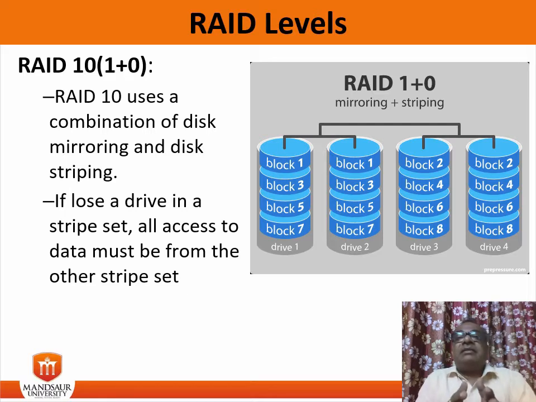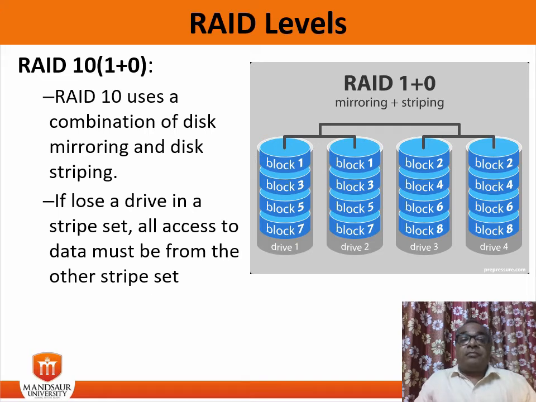This is a nested, or hybrid, RAID configuration, and it provides security by mirroring all the data on the secondary drive while using striping across each set of drives for the speed of data transfer. So this is about RAID 10.